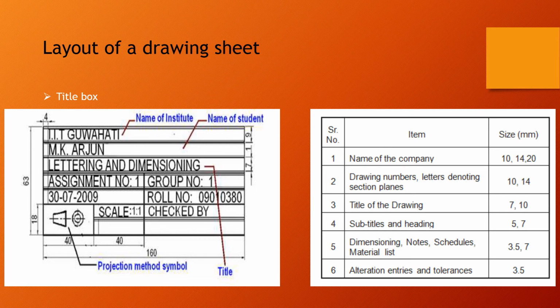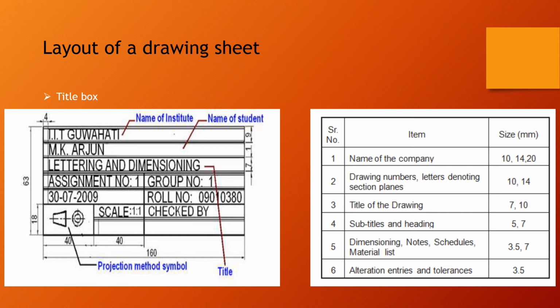Layout of a drawing sheet. In the previous slide, I showed you what you have to write in the title box. In the title box, you should write the scale, 1:1 scale and 1:2 scale, that is the projection symbol.